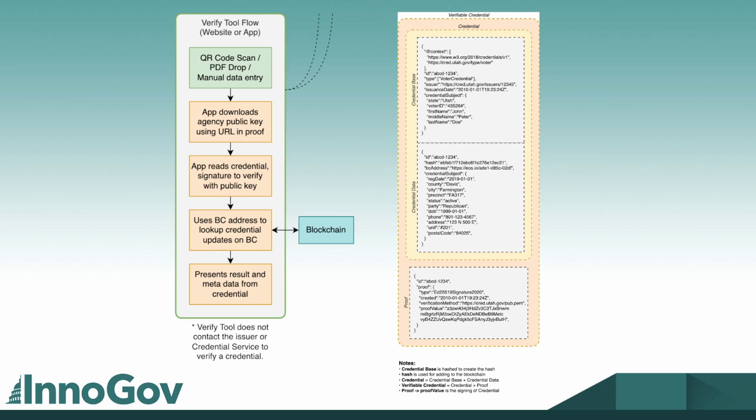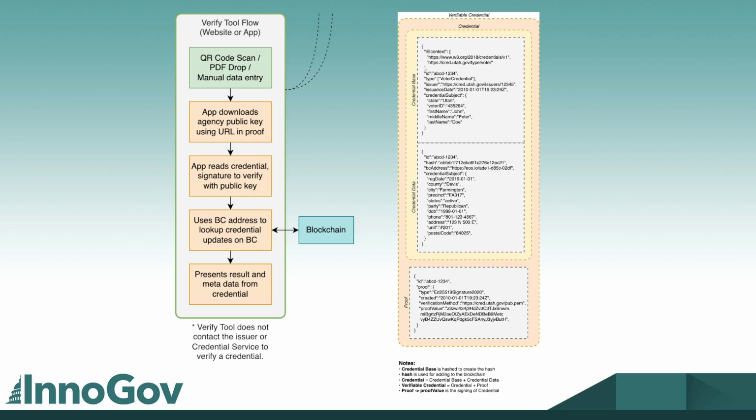And one of the things that is going to be in this is a URL that tells it where to basically get that key to be able to do that decoding.